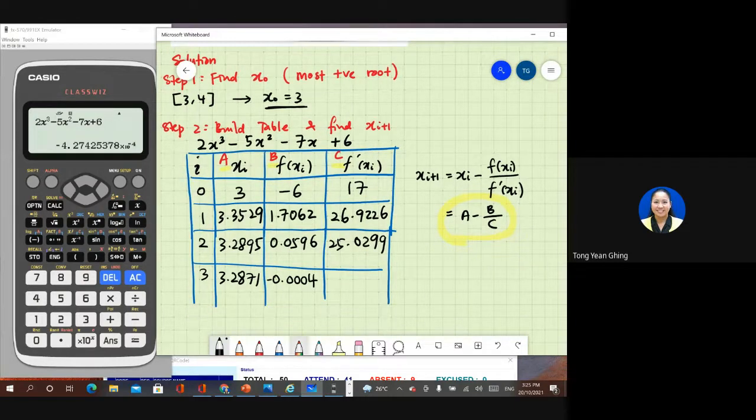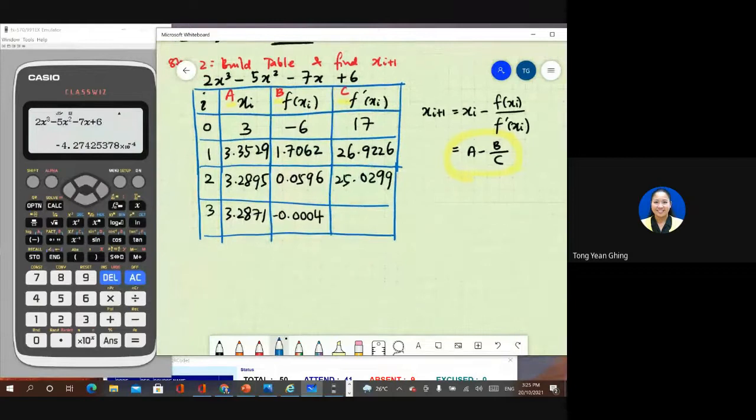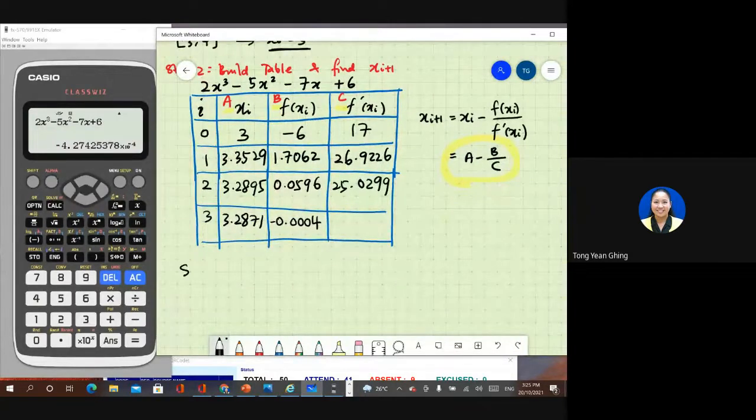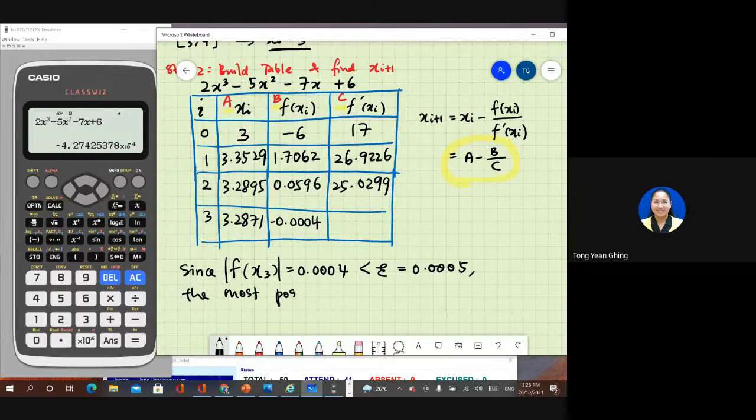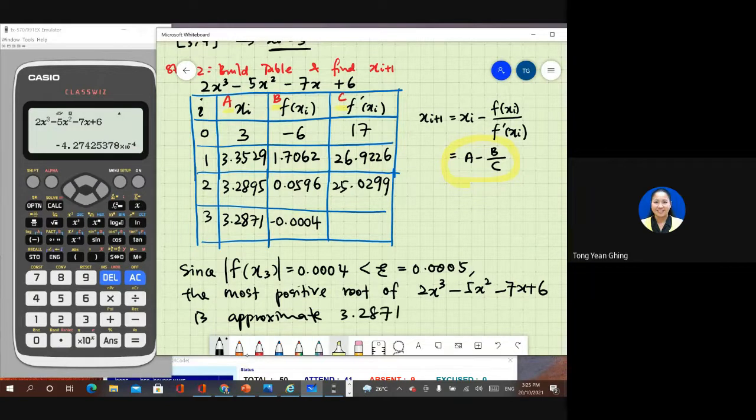Okay, now we can stop already. Since f of x is 0.0004, less than epsilon, the most positive root of 2x cubed minus 5x squared minus 7x plus 6 is 3.2871.